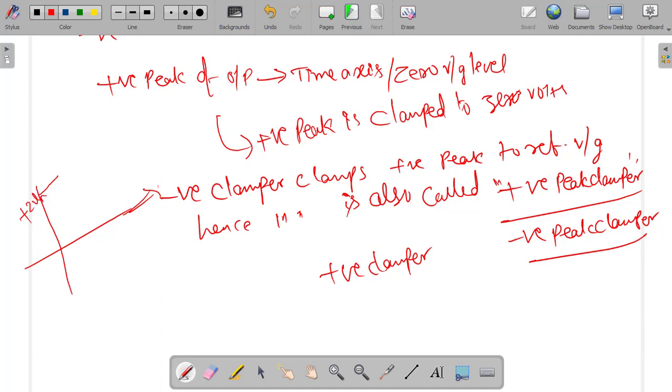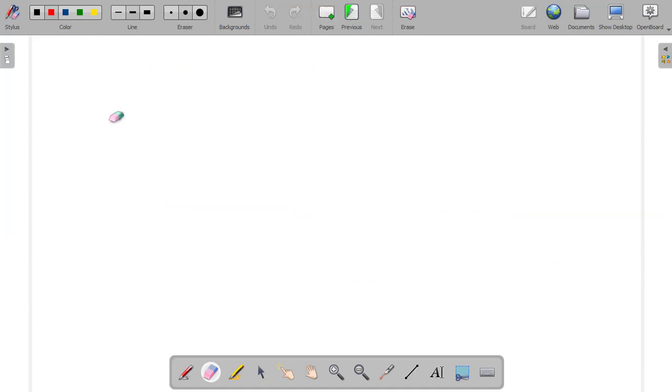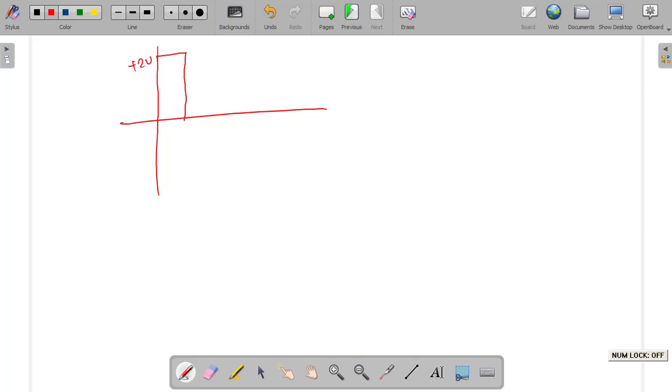So in positive, whenever input is plus Vm, your output will be plus 2 Vm, and whenever input is minus Vm, it will be clamped to 0.